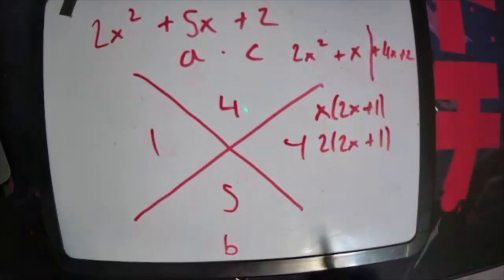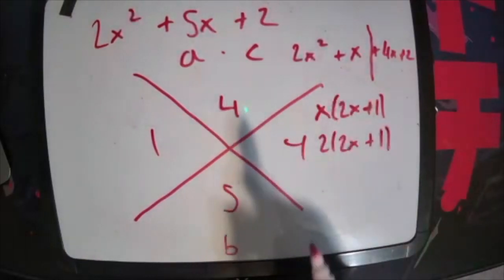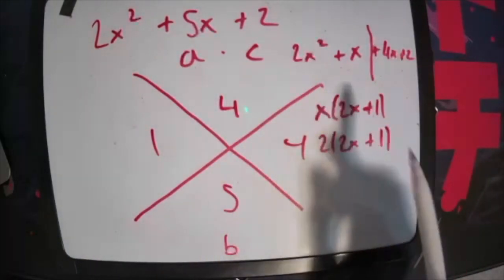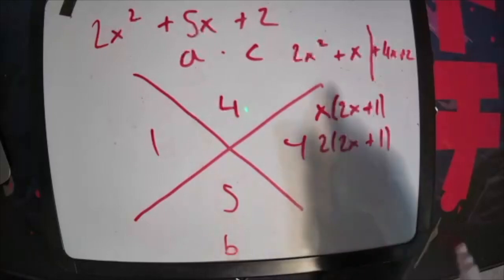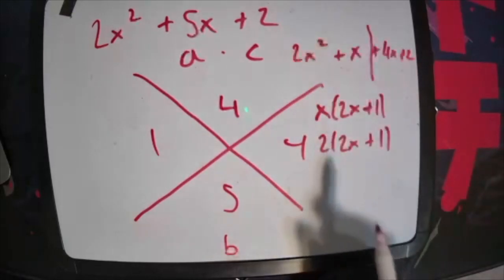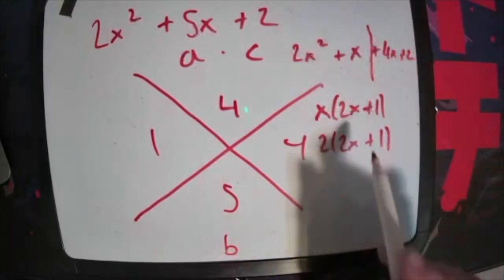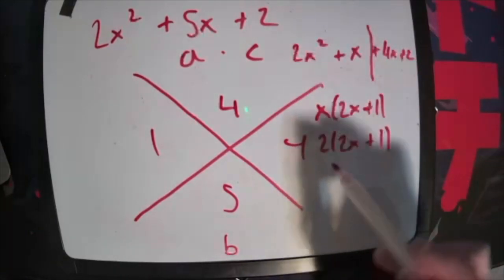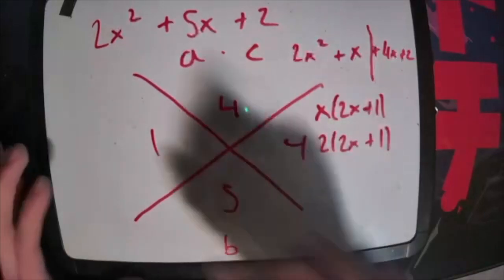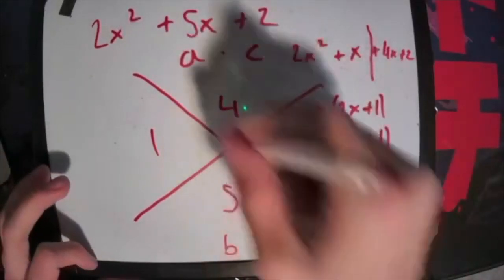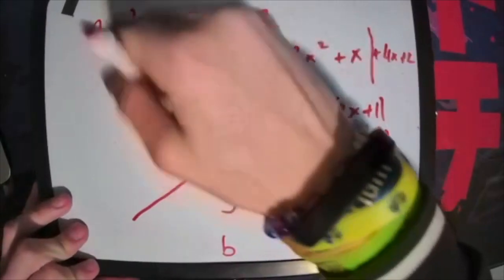In grouping, it is vital that once you factor it out, the remaining term is equal on both sides. Here we can see that is true because we have 2x plus 1 here and 2x plus 1 here. So we are left with x and 2. Let me erase this real quick to clear up some more space.